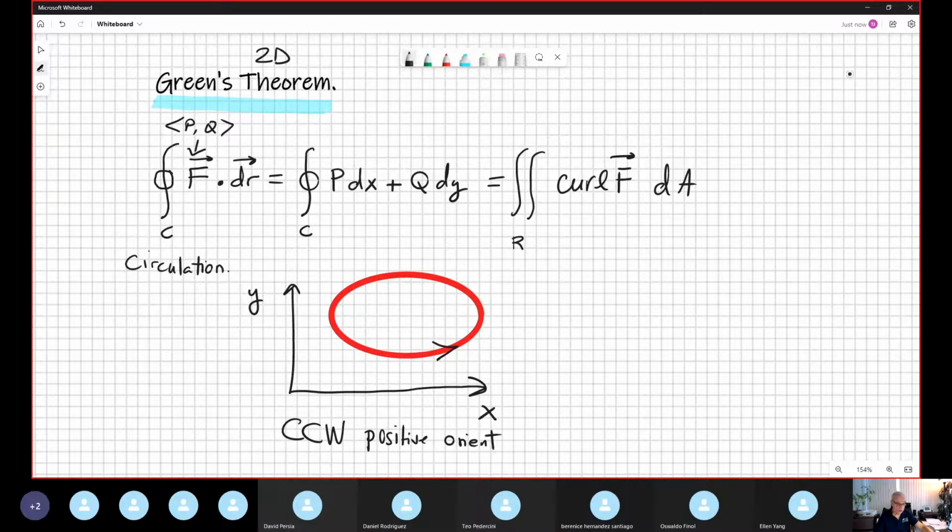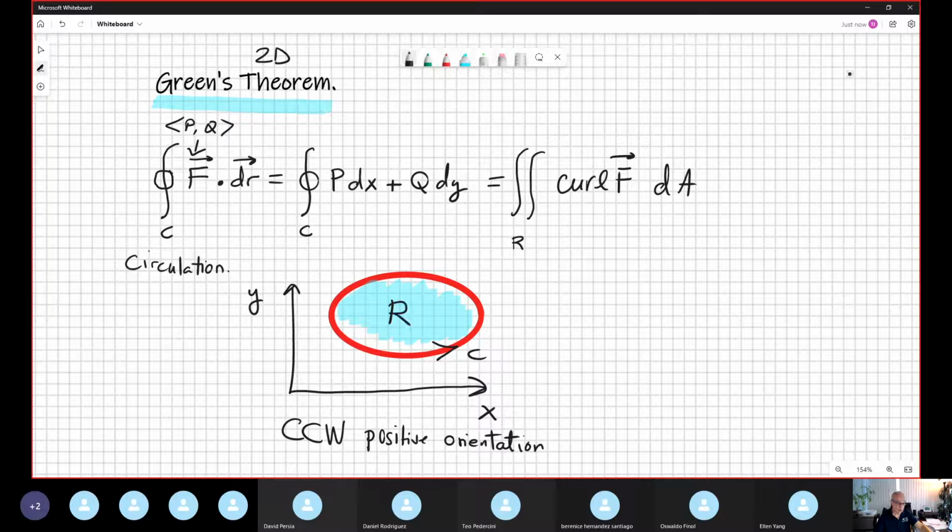You say, well, professor, if it is clockwise, then what happens? Well, it's the same formula, but it's negative. You introduce an additional negative. This is a secret. And what about the region R? Easy. The region R is the area enclosed by this curve.